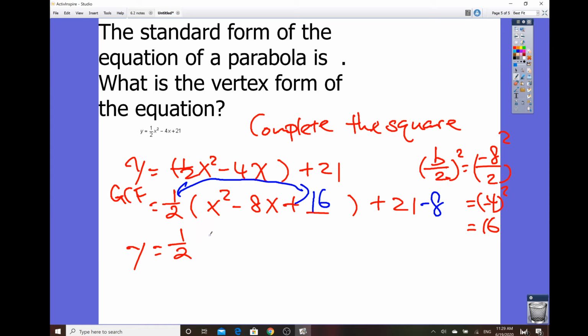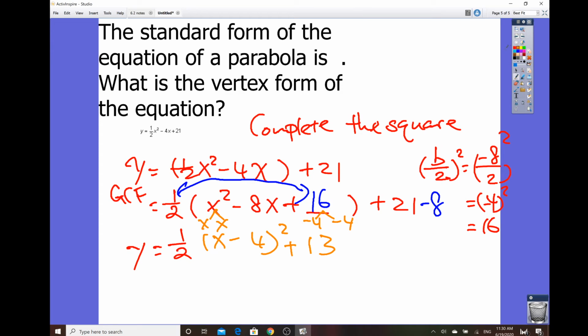And now for the rest of the steps, you just want to factor it. Back in Algebra 1, the way to factor, you can do it either mentally or with the square method or the smiley face method. What we got here is x minus 4 quantity squared. Again, the way to factor, xx, and 16 is just like negative 4, negative 4. So we got 1/2 times the quantity of x minus 4 squared, and then 21 minus 8 gives you 13.